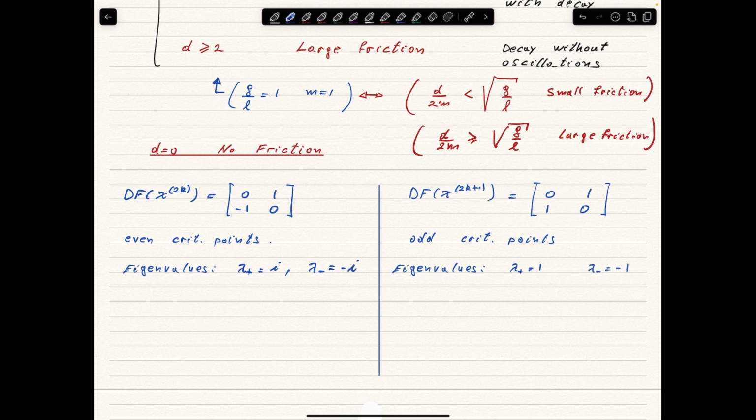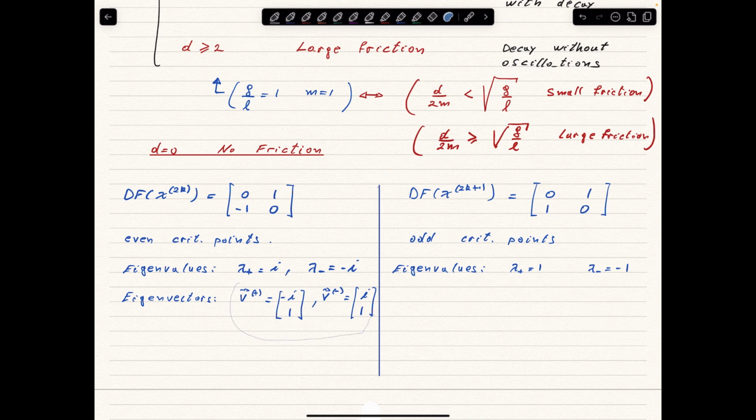Real. What happened with the eigenvectors? Well, if you compute the eigenvectors here, I'm not going to do the calculation, but the result is negative i, 1 for v plus, and v minus is the conjugate, so i, 1. Okay, a little bit too close also.